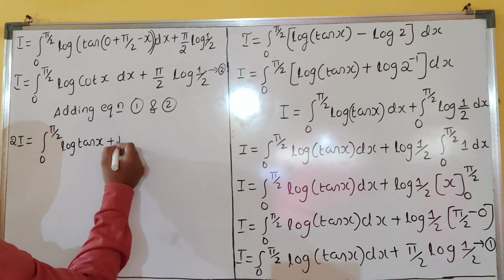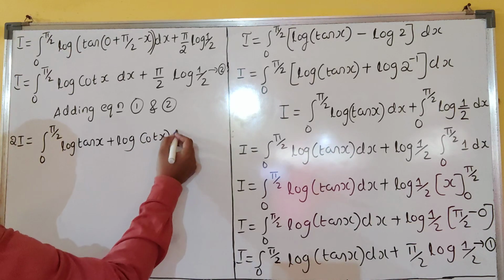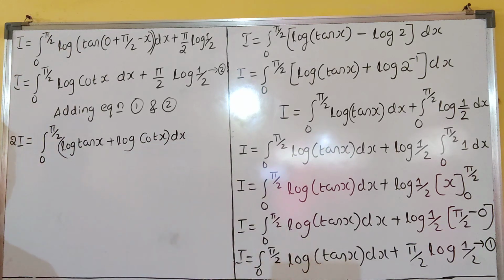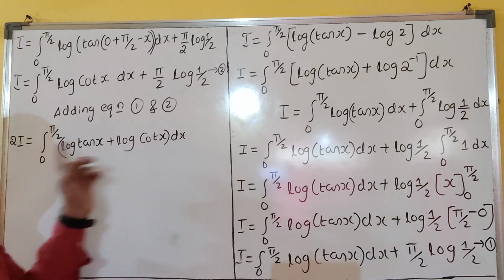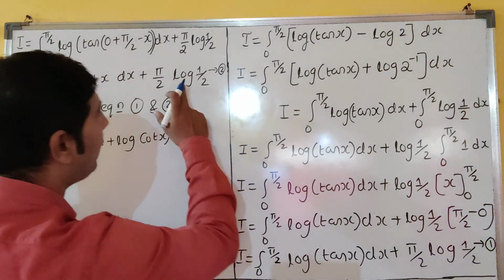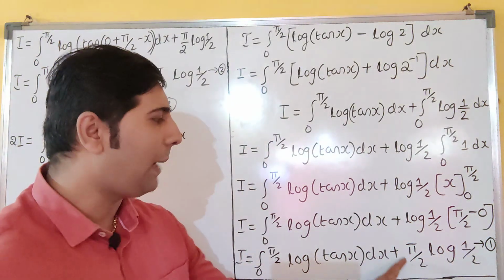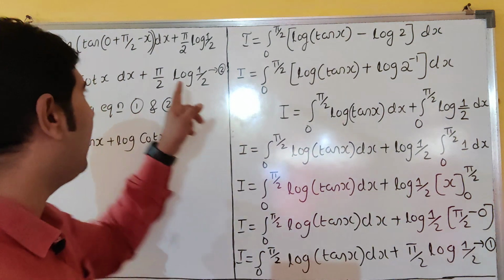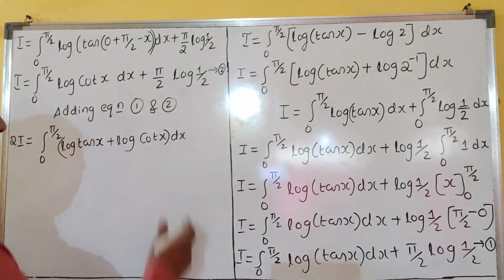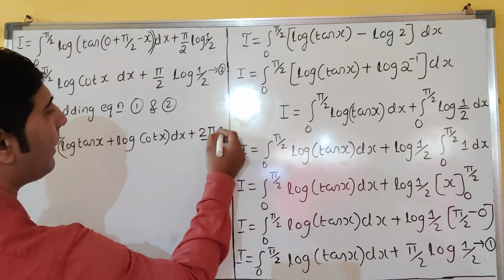I will add together log cot x dx. 0 to pi by 2 is same only, so that's why dx is taken common. And this is pi by 2 log 1 by 2 plus pi by 2 log 1 by 2. How much will it become? 2 pi by 2 log 1 by 2.